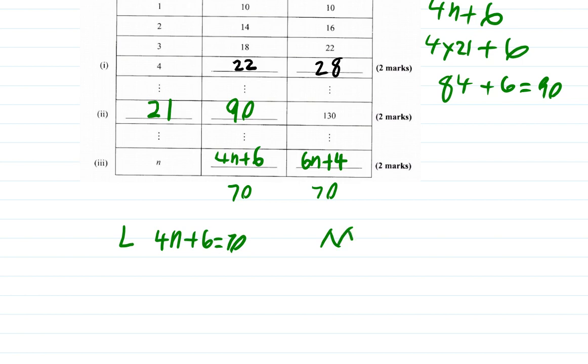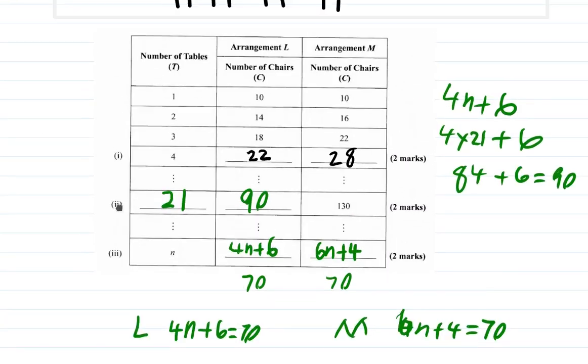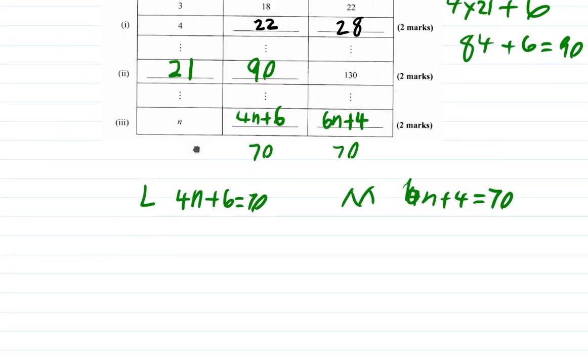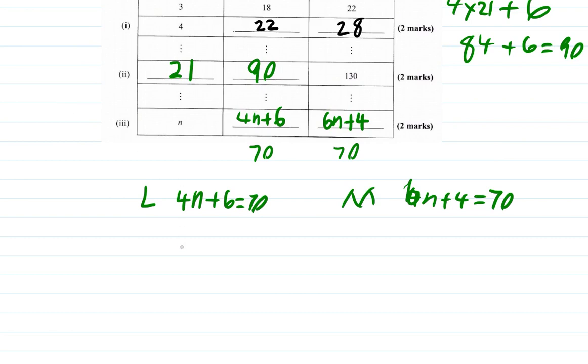For arrangement M, 6n plus 4 gives you 70 people. We want n, the number of tables. Remember, n is the number of tables, alright? So when we get n, the number of tables, we calculate.